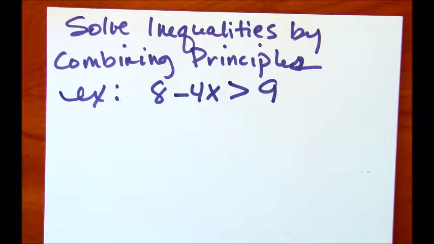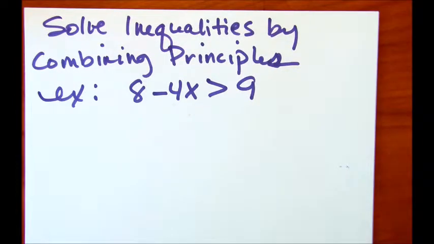I'm going to choose one of the numbers from the solution, plug it back into the original inequality, and hopefully come up with a true inequality. If we don't, that's a little red flag. You need to go back and look at your work again. Feel free to do these problems, pause the video, and then come back to follow along here.